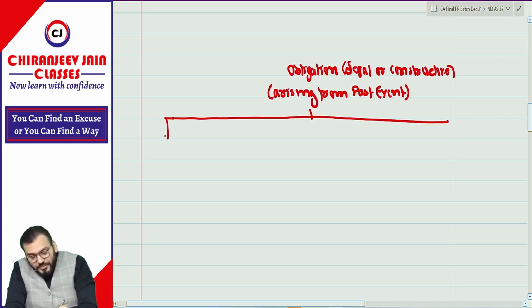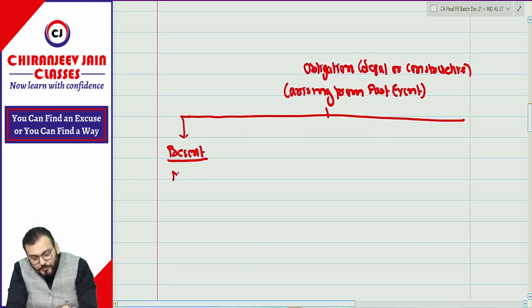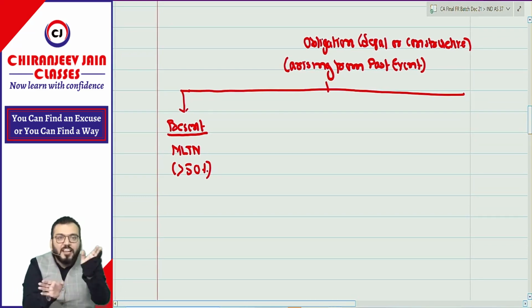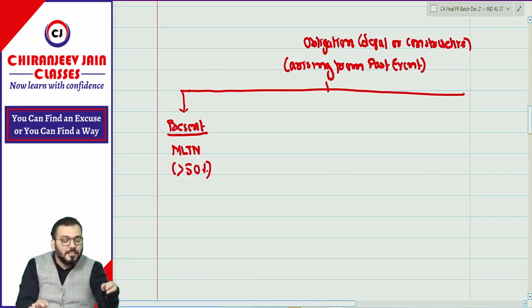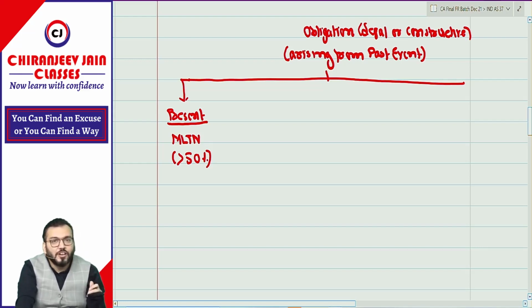Now if the obligation is a present obligation, what does it mean? More likely than not, means chances are more than 50%, correct? So if the obligation arising from past event is a present obligation, then what should we do? Create provision. Say yes, correct or not?